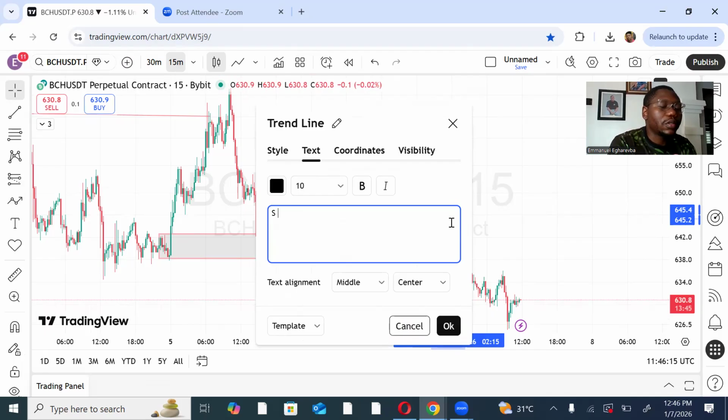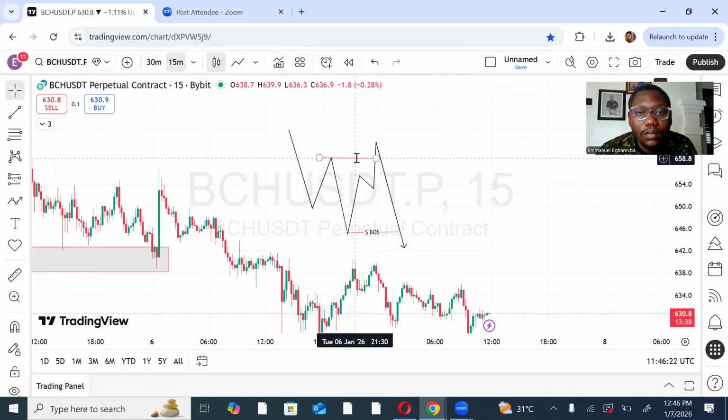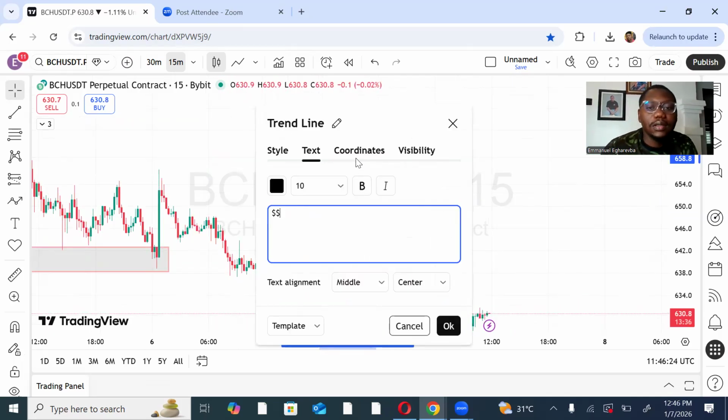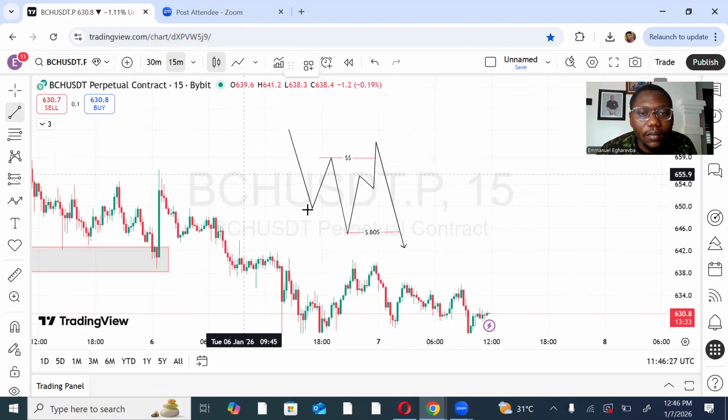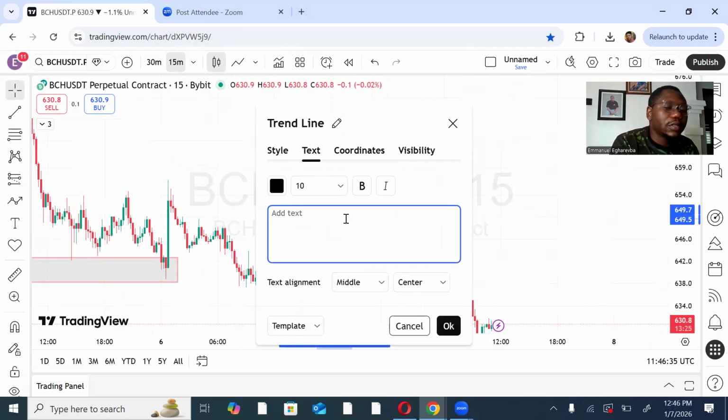Second BOS. So here's our liquidity taken out completely. All right, these are our first BOS.